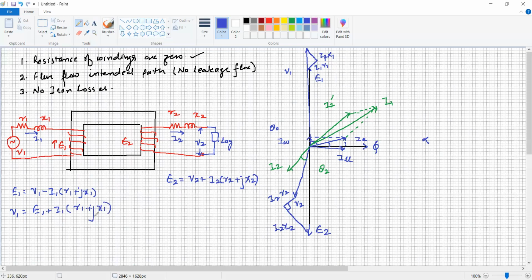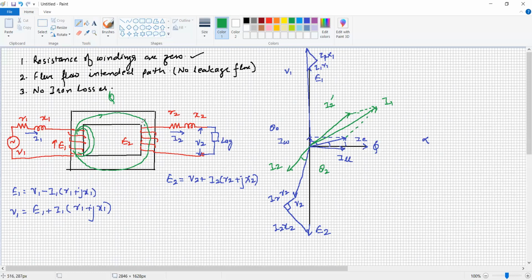So this is the practical transformer. In the practical transformer, we consider that there is a resistance and the flux is not confined. All the flux created by the primary winding links with the secondary winding, but a very small percentage of the flux links there itself, which we call leakage flux, following a short circuited path.